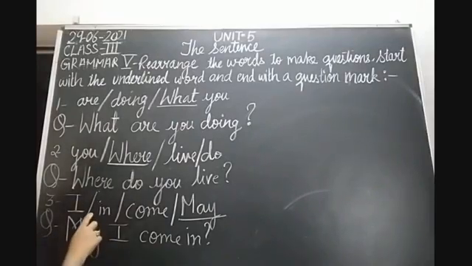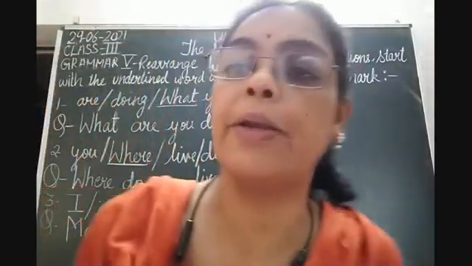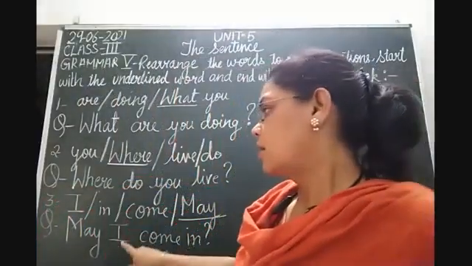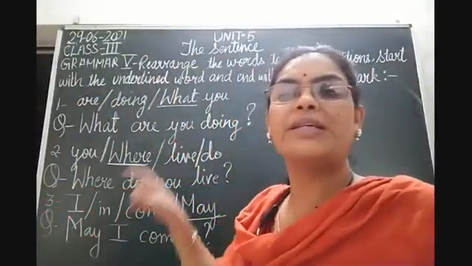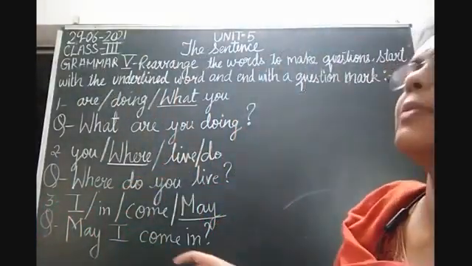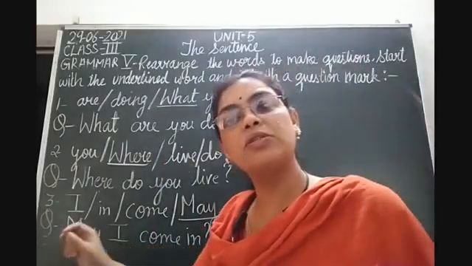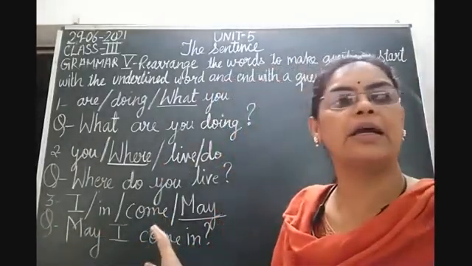So, कितने words थे इसमें? 1, 2, 3, 4. Count the words. 1, 2, 3, 4. And what are the things to be kept in mind, students? Single I is always capital. Single I को हम हमेशा capital में ही लिखते हैं, वो sentence में कहीं भी I. Clear?